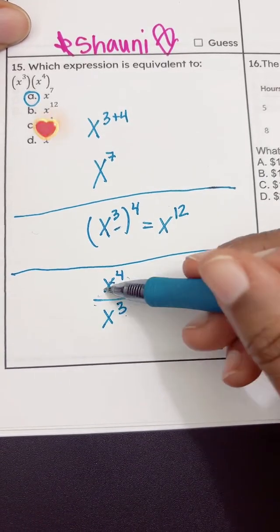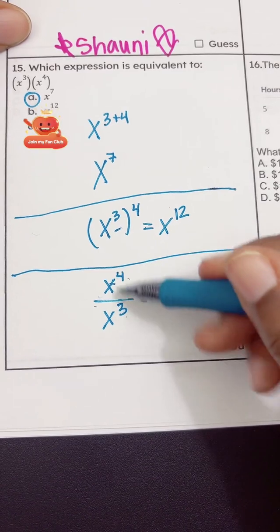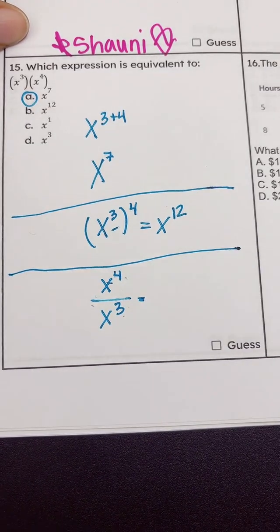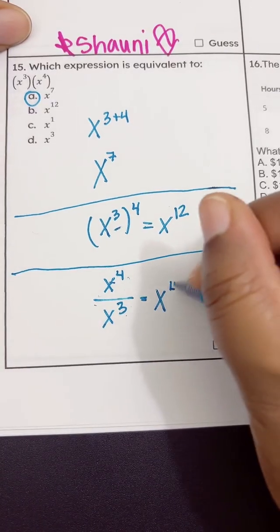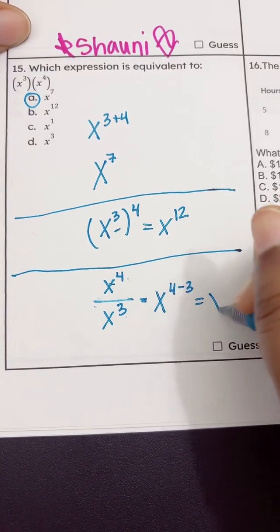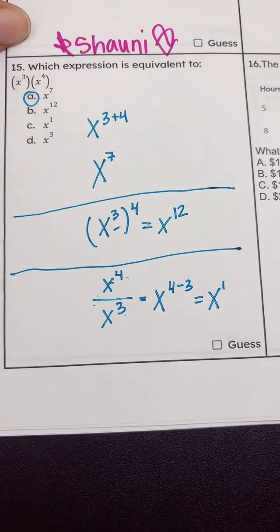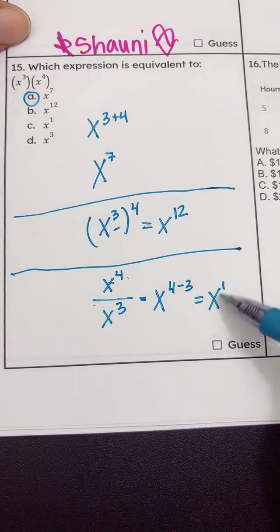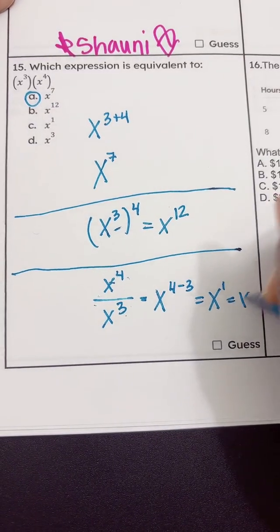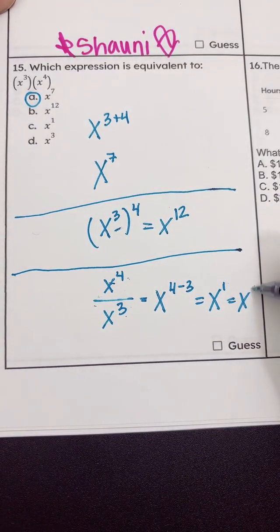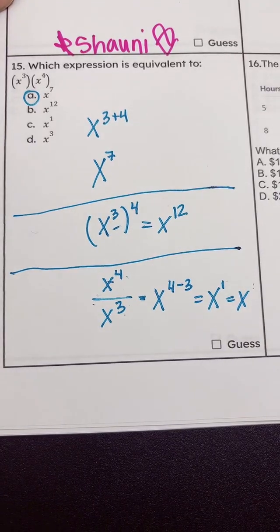Because when we divide variables, we subtract the exponents. So that's why we write this as 4 minus 3, and that's how we end up with x to the first. But they'll never really write this. They'll just say x. It will always just be an x. But you have to know that the degree is always 1 there.